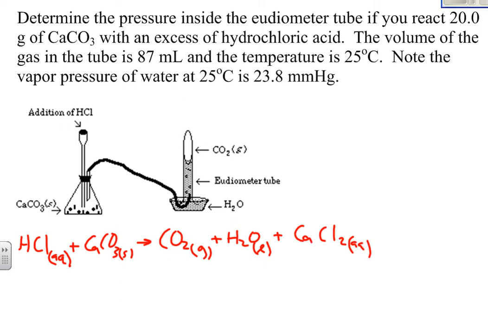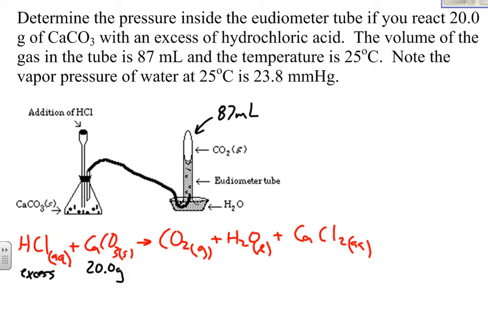Now, being kind of systematic in our work here, we're told that we have an excess of the hydrochloric acid, similar to what we had last year when we did the reaction with magnesium. The calcium carbonate, we have 20.0 grams of the calcium carbonate, and the volume of gas in the tube that's produced here, right, so the volume in here is 87 milliliters.